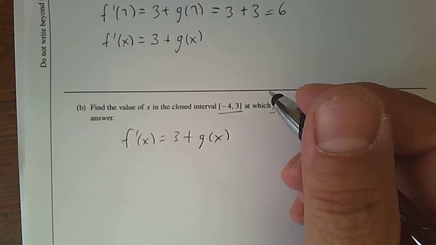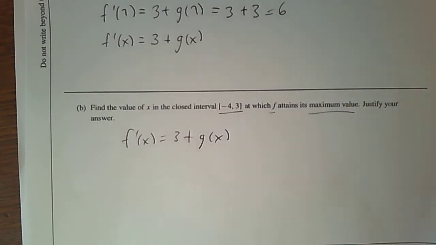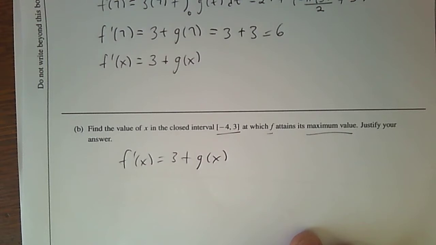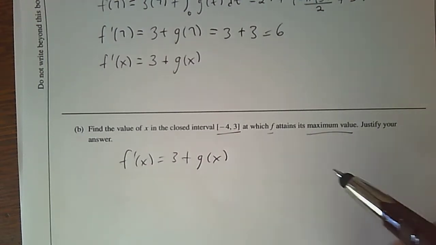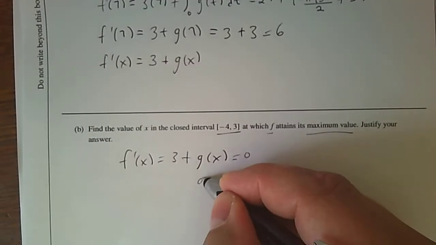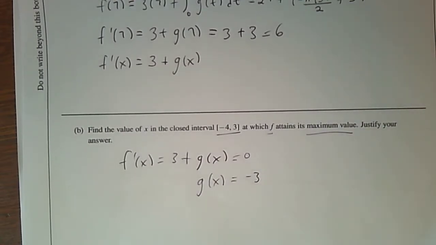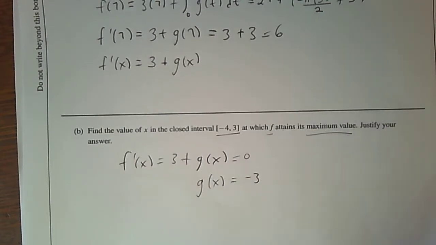If I want to know which that is, take the derivative, find the x value. If I make it equal to 0, g at x equals -3. That'd be a turning point in terms of what we're looking for, for f.